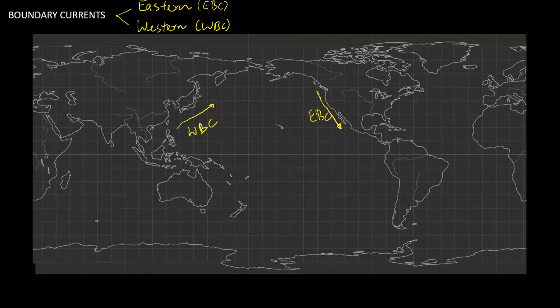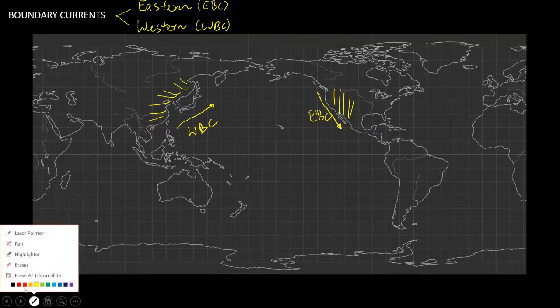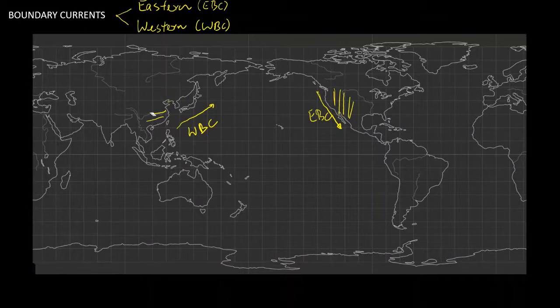So the eastern boundary currents flow across the western side of the continents, while the western boundary currents flow across the eastern side of the continents. I hope this is clear to everybody. Okay, now let us come to the different types of eastern and western boundary currents.